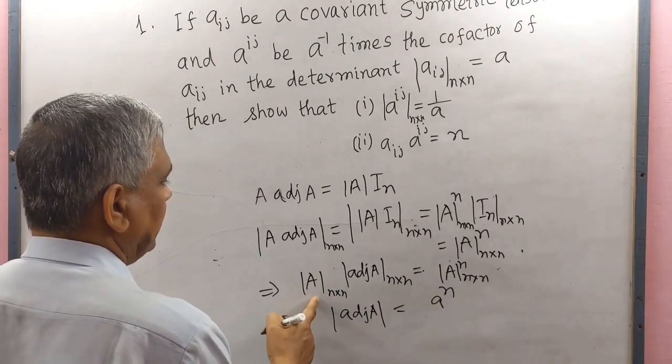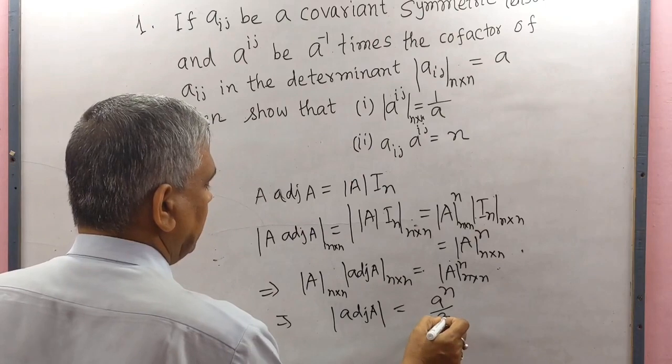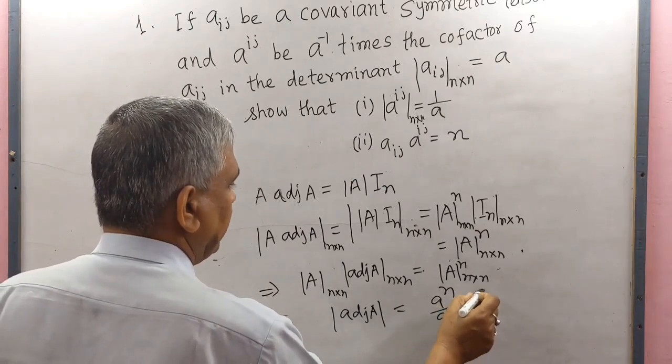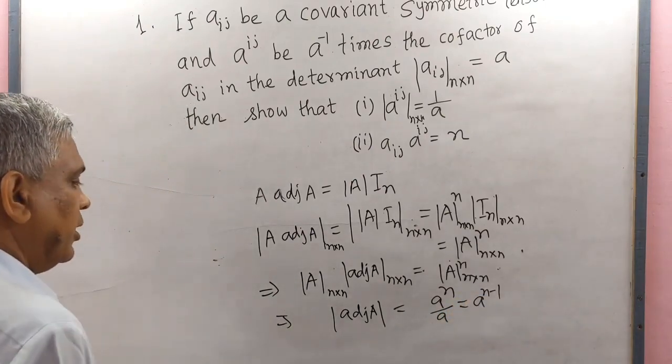This implies that the determinant of adjoint A equals a to the power n divided by a, that is a to the power n minus 1.